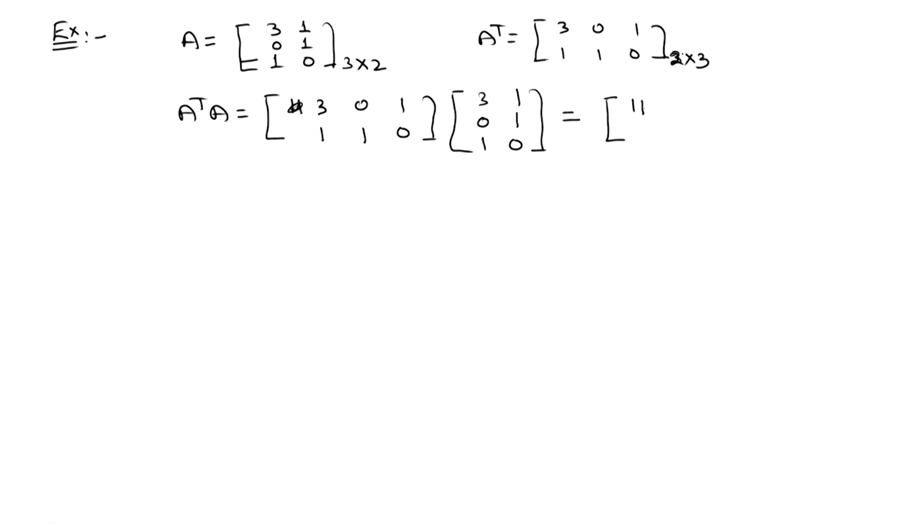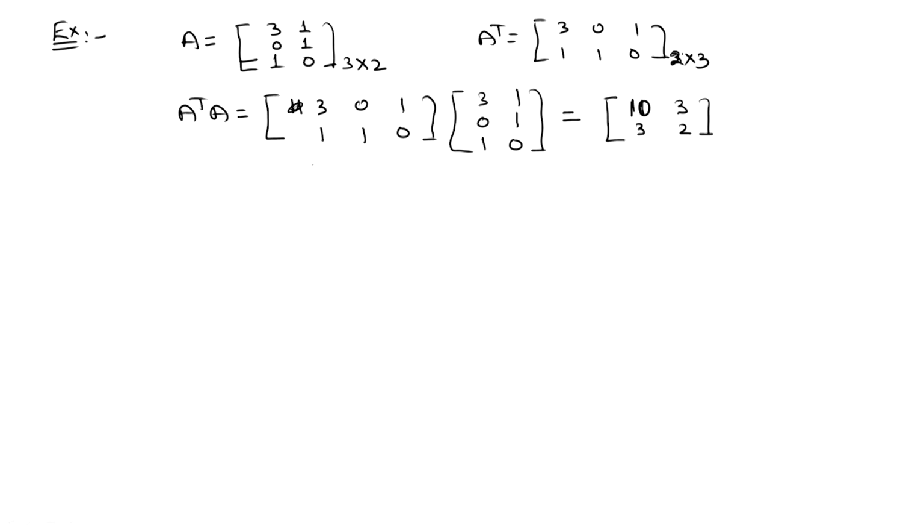This entry will be 11, as I told you, the product of this row with this column, then the product of this row with this column will become 3, and then I will have 2. Let me check one more time, this entry will be 10, 3 into 3 is 9 plus 1 into 1. So, it is the product of A transpose into A.